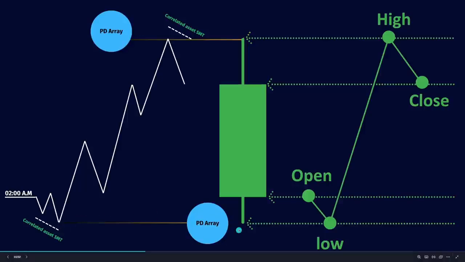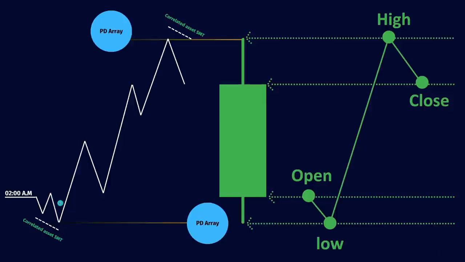Okay, so here you have time and price moving in this manipulation phase, looking for one higher time frame PD array, the same time frame or higher, and at the same time, for confirmation of this week low, you can find one SMT, smart money tool, one crash correlation with one market in correlation, positive or negative. In this case, positive correlation.